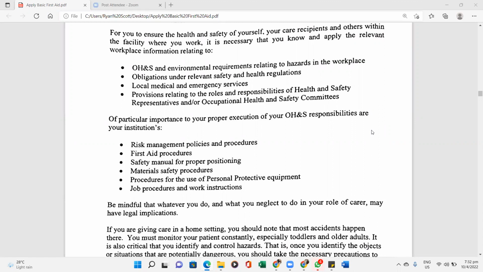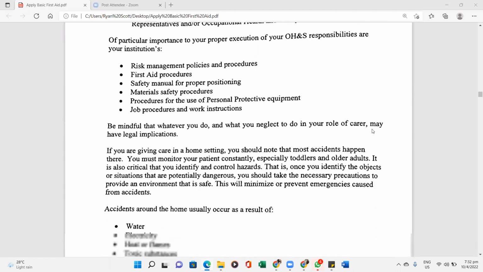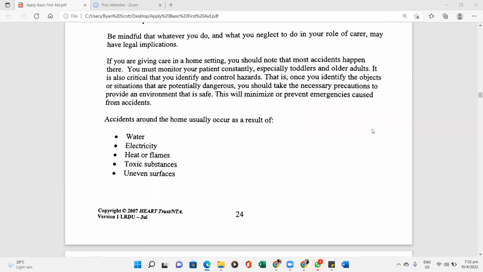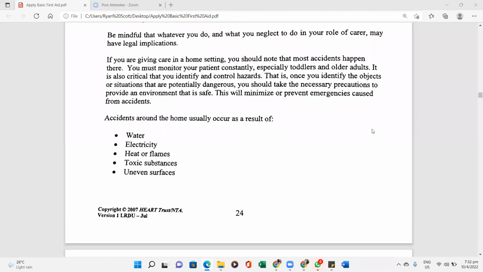Okay. It says if you're giving care in a home setting, you should know that most accidents happen there, in the home, all right? So you have to monitor the patient carefully. You have to monitor toddlers and the elderly carefully. You have to check for any hazards that might cause accidents, and then you move them out of the way, okay?